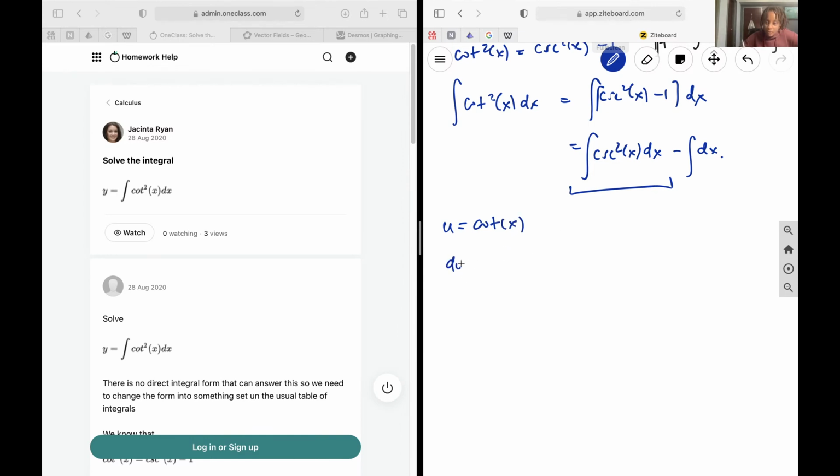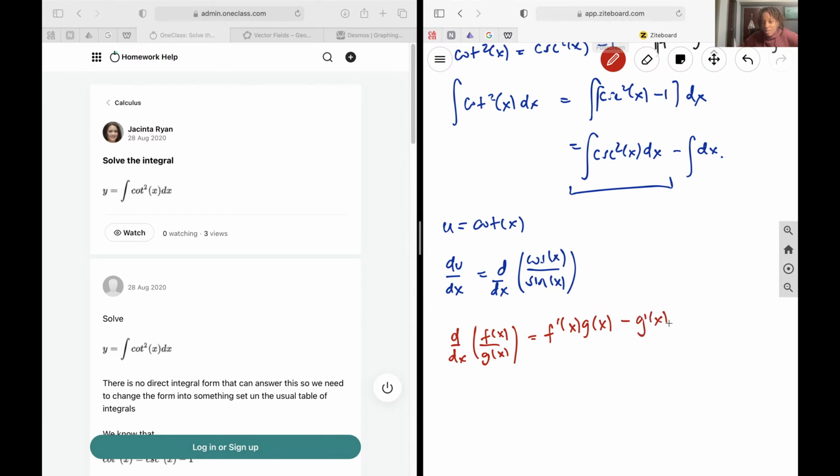Now to find the derivative of cotangent x, du over dx is going to be equal to d over dx of cos x over sine x. Let's go ahead and find that using the quotient rule. And I'll just write that down for you. f of x over g of x is going to give me the derivative of f multiplied by g minus the derivative of g multiplied by f, all over g of x squared.